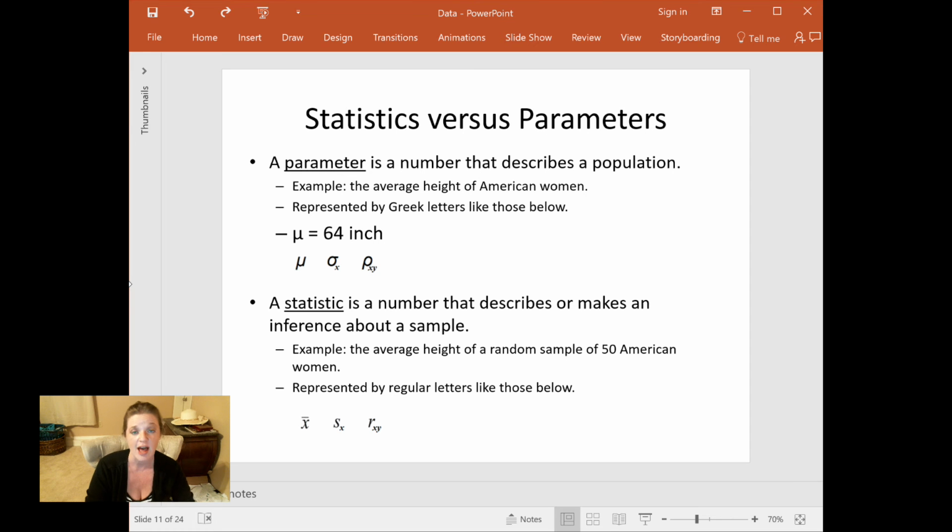For example, a population average is always symbolized as the Greek letter mu. This is the Greek letter mu right here that I am circling. This is also the Greek letter mu in a slightly different font.